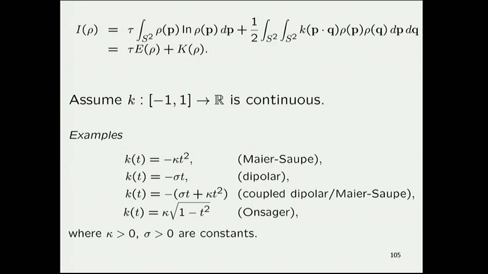And then you can add them together to get the coupled dipolar Maier-Saupe potential. And then you have plus kappa, the square root of 1 minus t squared. That's Onsager's potential. So in some sense, the Maier-Saupe potential could be thought of as some kind of Taylor expansion in this, but it's not very clear.